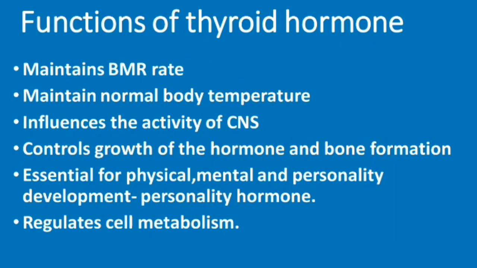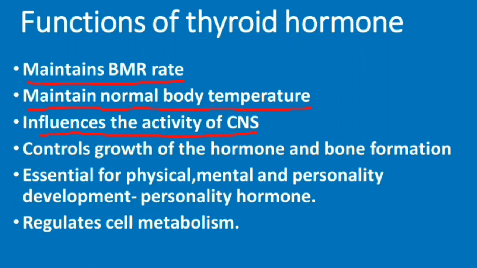Coming to the functions of thyroid hormone. It maintains BMR, that is basal metabolic rate. All the metabolic activities are controlled by thyroid hormone. It maintains normal body temperature. It influences the activity of the CNS, central nervous system.